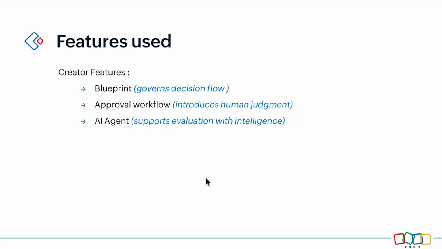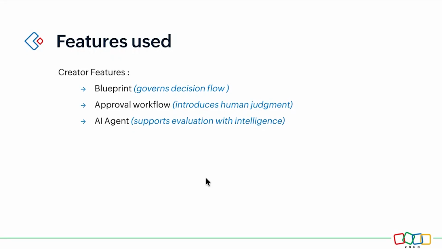That is, in the evaluation step, instead of doing it manually, we can just make use of the AI agent feature, which automatically evaluates the data provided to it and gives us a recommendation on whether we can approve or reject it.